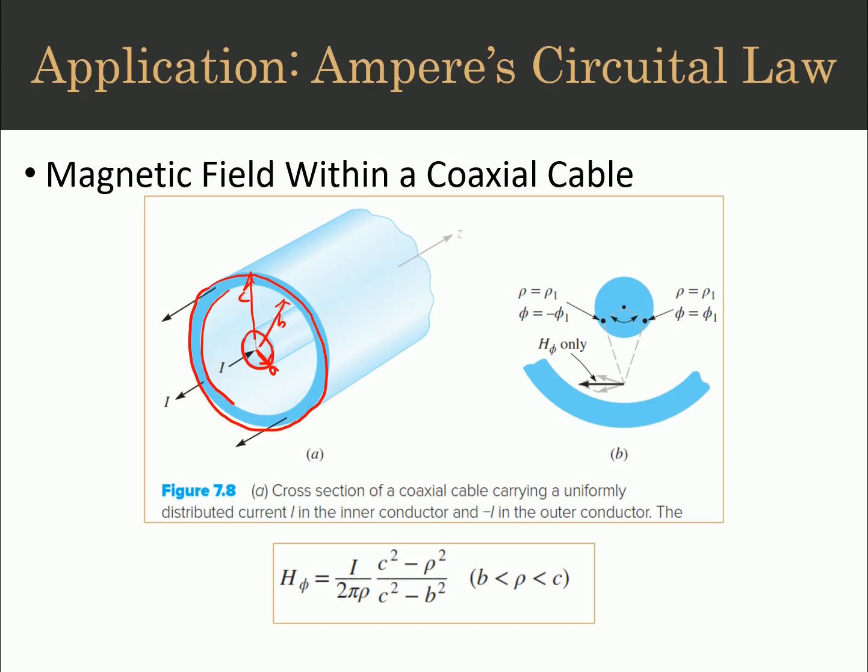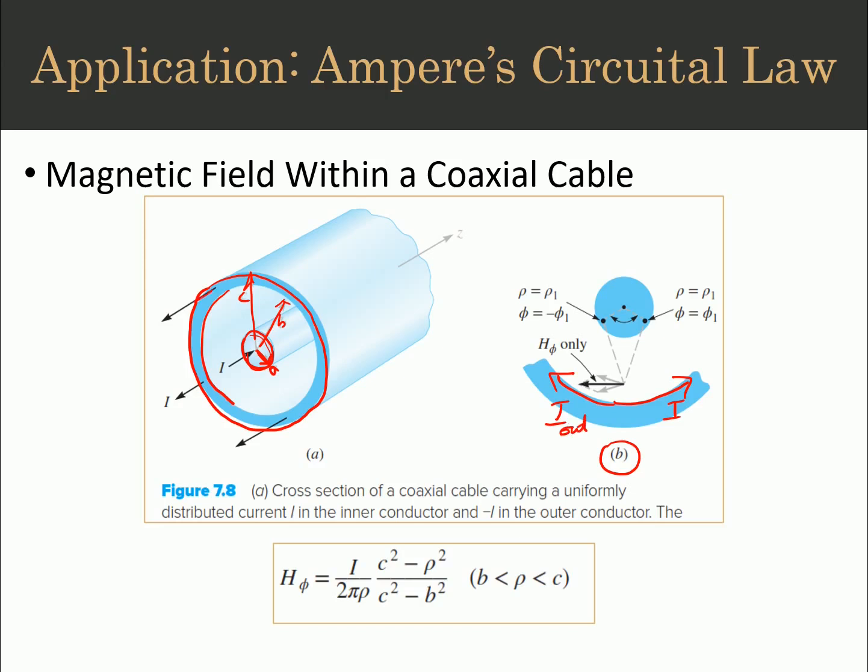If the current is moving inside the inner conductor, the magnetic field according to the right hand rule will be formed, and if the current is coming out of the outer conductor, then again a magnetic field will be formed. So image B shows the motion of the magnetic field in the positive phi and negative phi direction for the inner conductor, and the current coming out of the outer conductor.